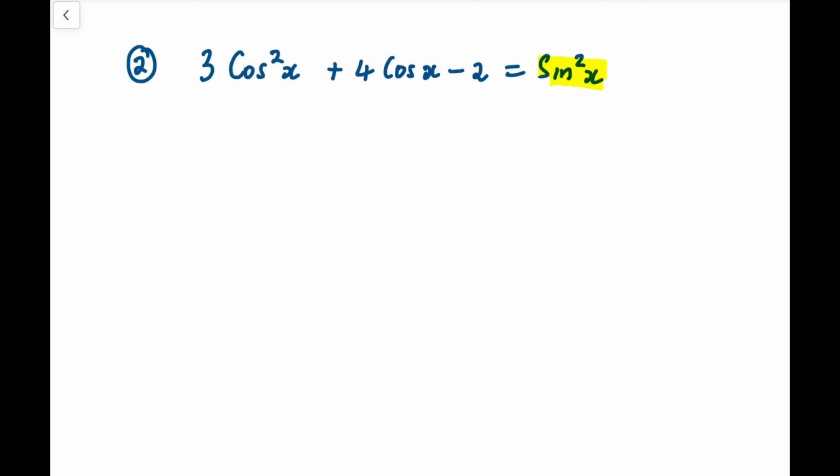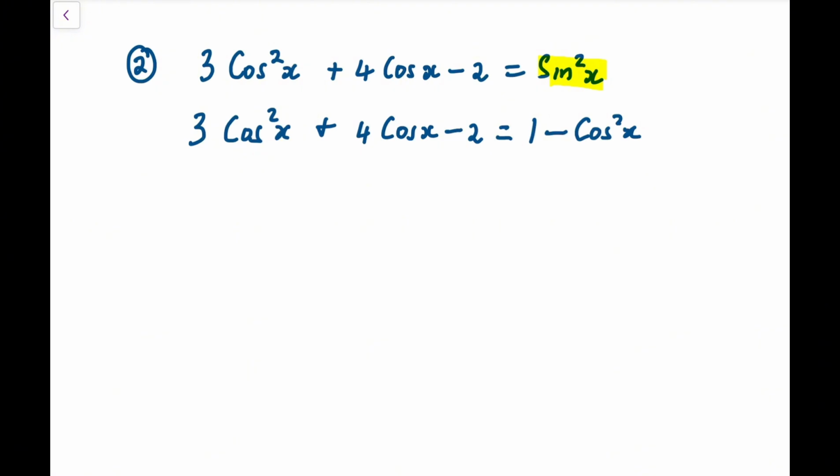So here we have 3 cos 2x plus 4 cos x minus 2 is equal to, now we can change sine squared x because sine squared x is an identity. So it can be written as 1 minus cos squared x. And then we write this in a standard form, ax squared plus bx plus c is equal to 0. So transpose everything, take everything to the left.